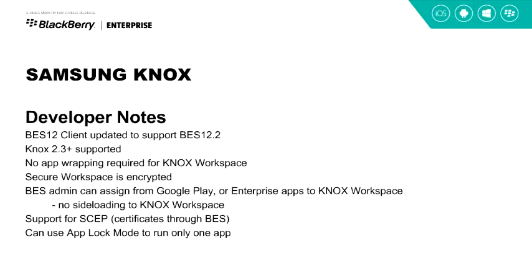Support for SCEP and certificates, both for Samsung KNOX and for Android Secure Workspace in general. I mentioned it here on this slide. I think I mentioned it earlier as well, but I didn't highlight it. There is no SCEP client on Android. If you're not sure what SCEP is, it's basically a mechanism for distributing certificates securely, well, almost securely, from your backend certificate server up to your individual devices.